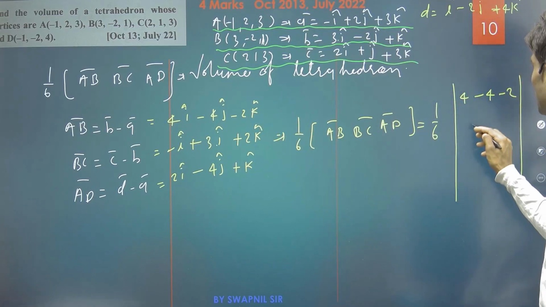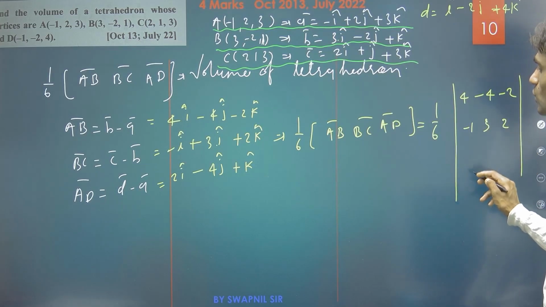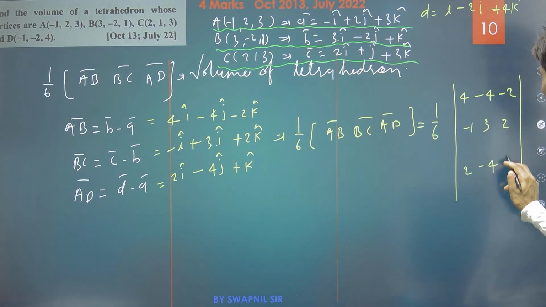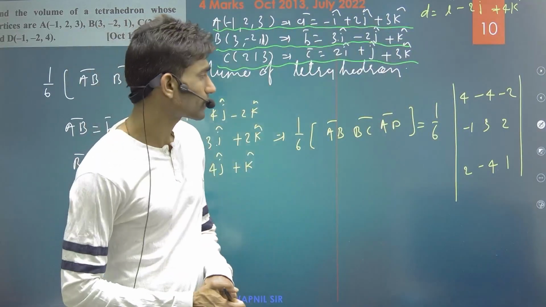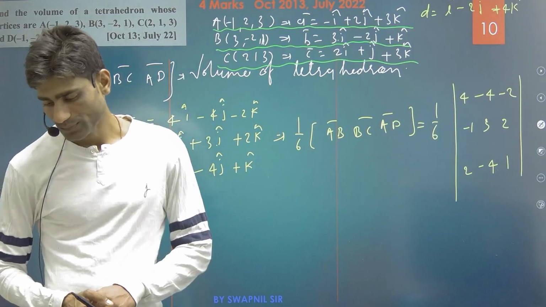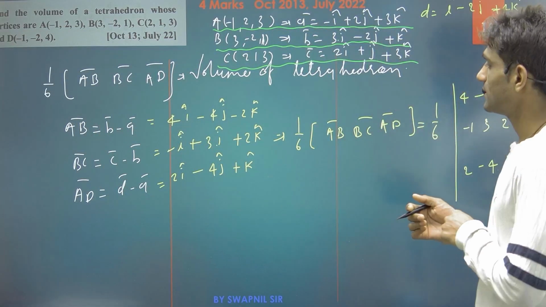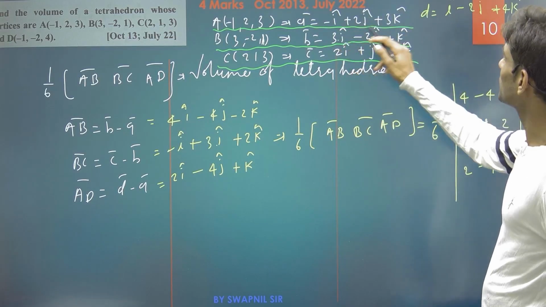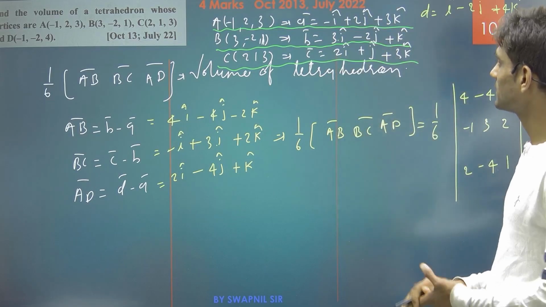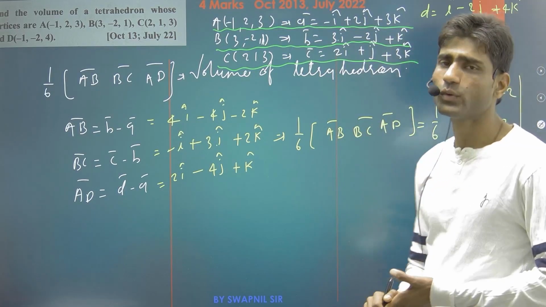Similarly for BC bar, minus 1, 3, 2, and for the third, AD bar, the coefficients of the third vector. Yes, these are the values here, D bar minus A bar. Then we get these values here. Find out the value of our determinant and you will get the required answer.